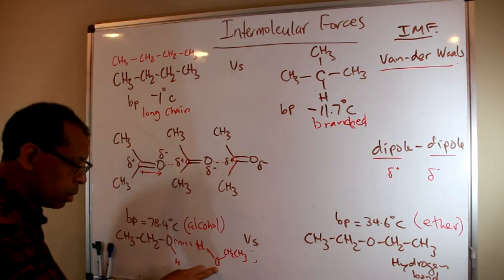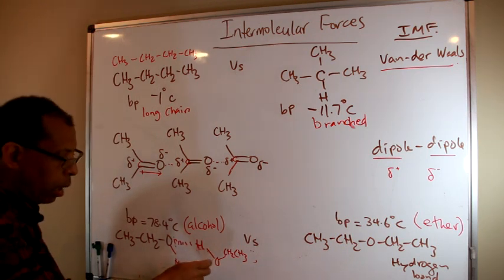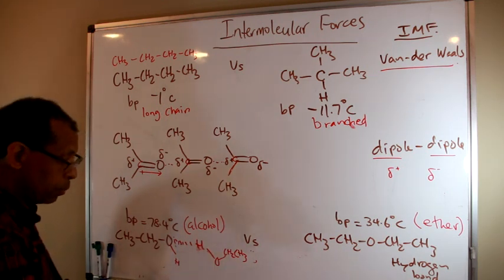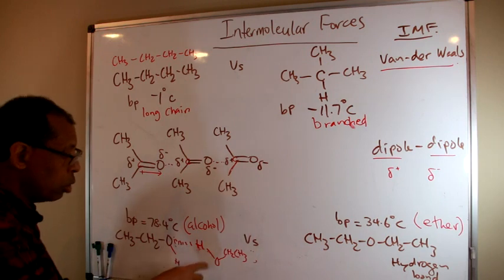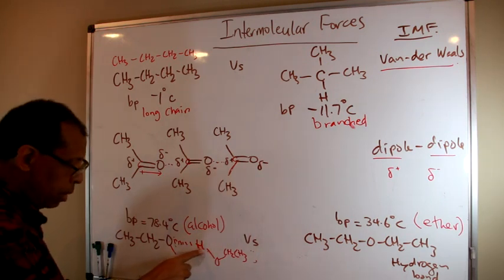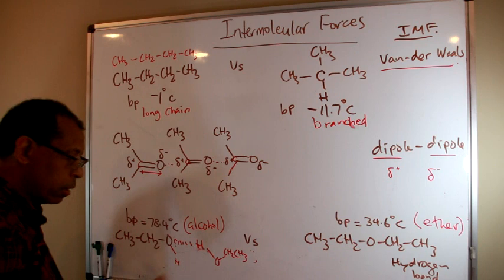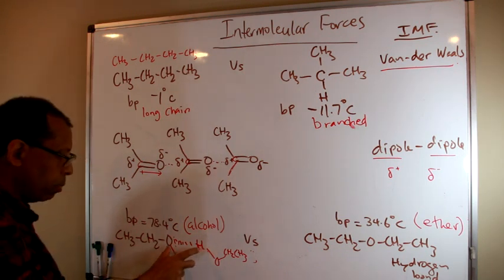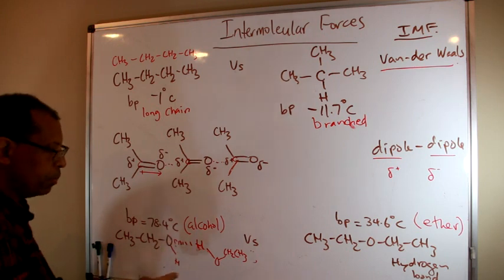It could be nitrogen, it could be other kinds like HF, hydrofluoric acid. So you should always have a hydrogen that is attached to an electronegative atom so that it would make the hydrogen bond with another molecule.